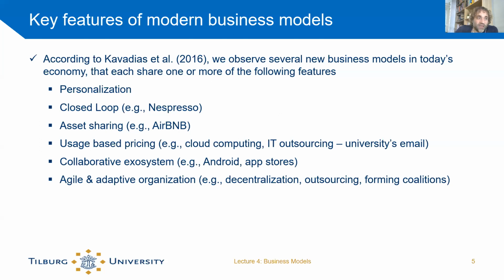We as a university, for example, outsource the university's email partly to Google, and we pay per use. So that's a way of continuous revenue streams for organizations. Instead of simply buying a product or a feature or a service, which gives you revenue once, this gives you revenue continuously.